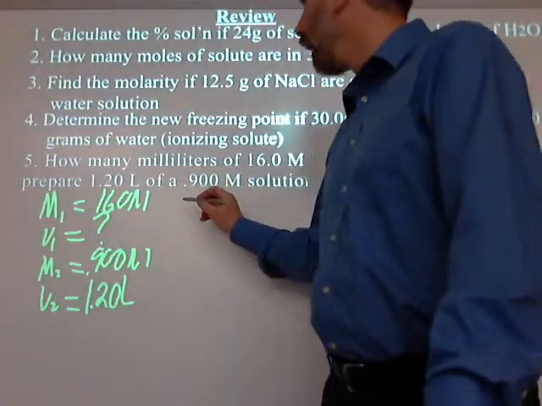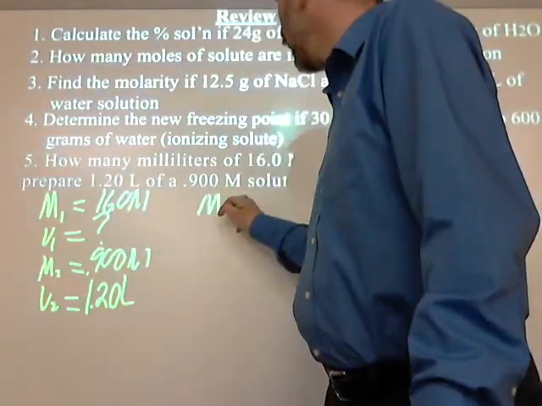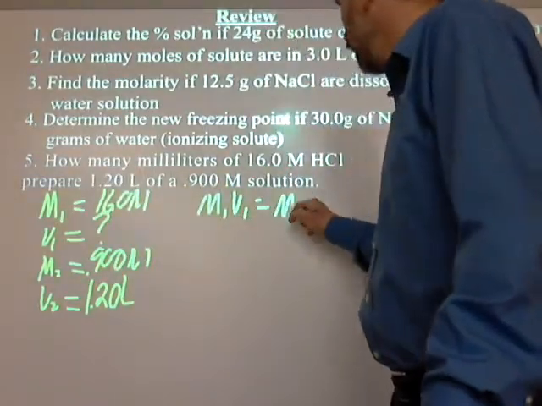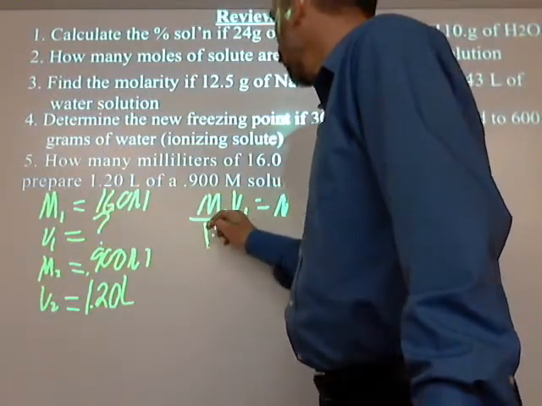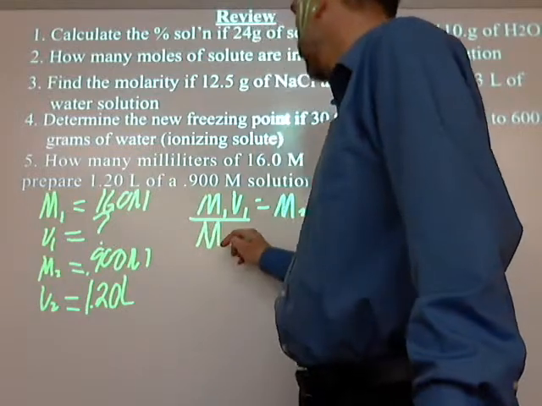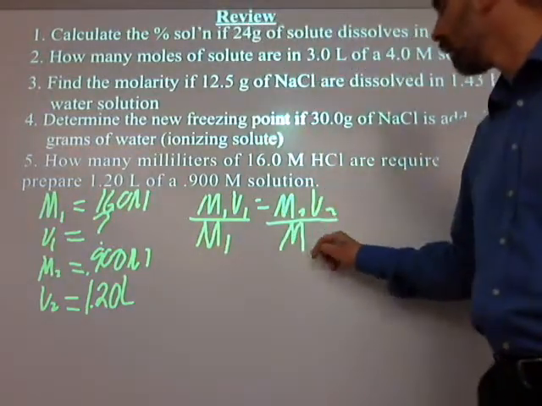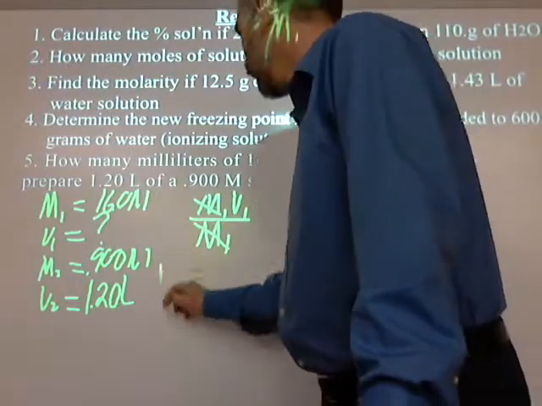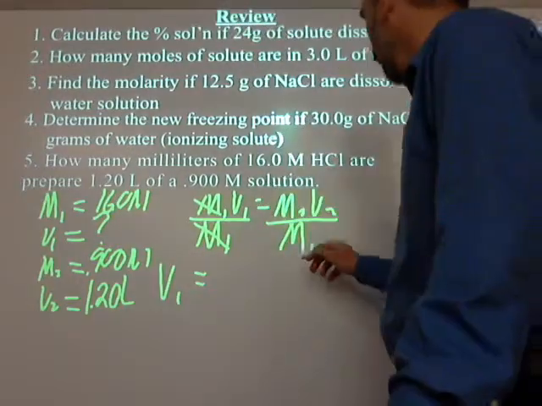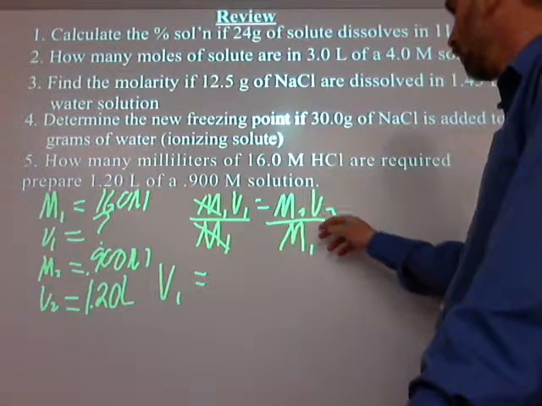All right, I've solved for V1. Here's my equation: M1 V1 equals M2 V2. I have to get V1 by itself, so I'll divide both sides by M1. Is that correct? And then I get V1 equals M2 V2 over M1.